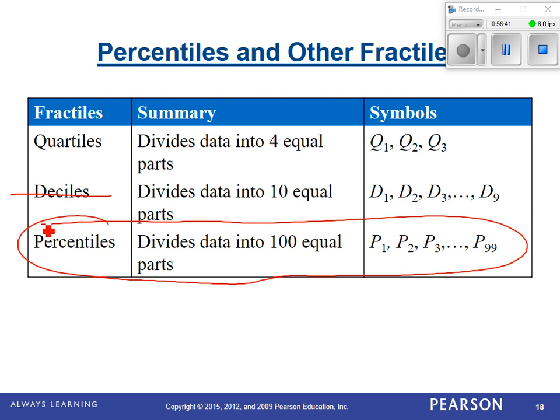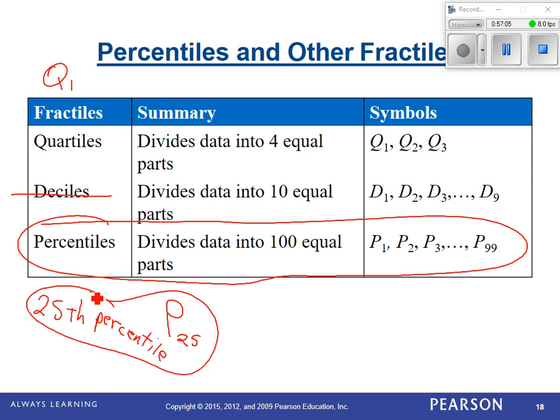Notice quartiles is Q with a subscript. Percentiles, P with a subscript. So if I write down something like P25, that's saying the 25th percentile. When we take a symbols quiz here real soon, this is going to be one of the things on there.